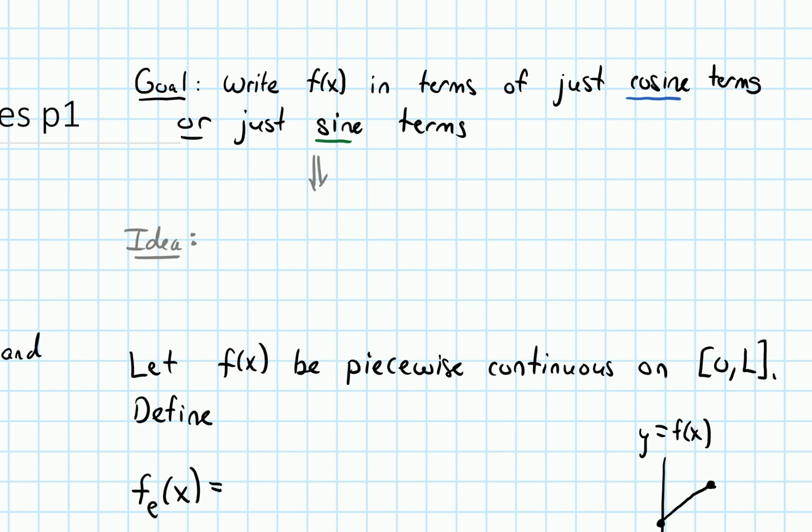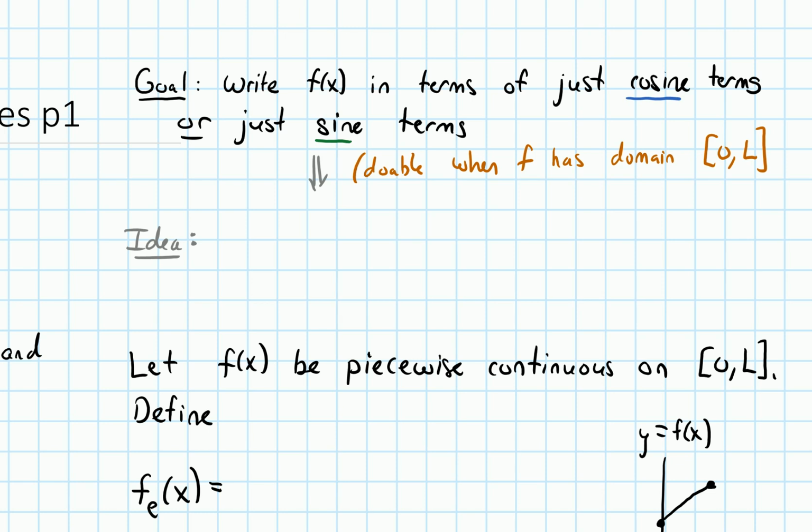So it'll turn out that this is going to be doable when our function f has domain 0 to L. So in general, when my function has a domain from 0 to L, we are going to be able to do this.